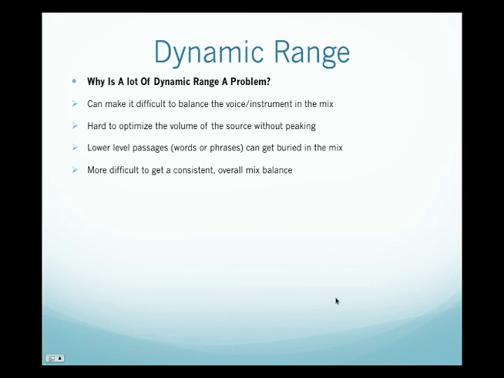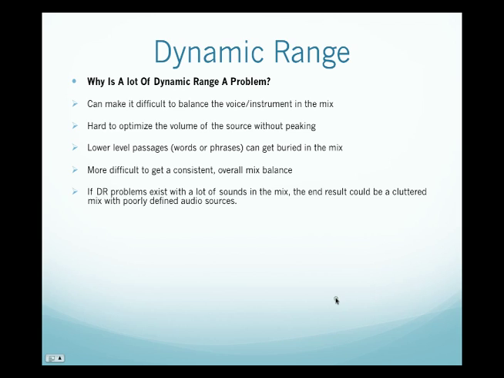If you have sounds that are bouncing all over, up and down, it's hard to get a consistent mix. And if dynamic range problems exist with a lot of your sounds in the mix, the end result could be a cluttered mix with poorly defined audio sources. When you mix, you want to be able to hear all those sounds. You want them to have their own defined place within the mix, and if everything's all over the place, it's harder to do that.